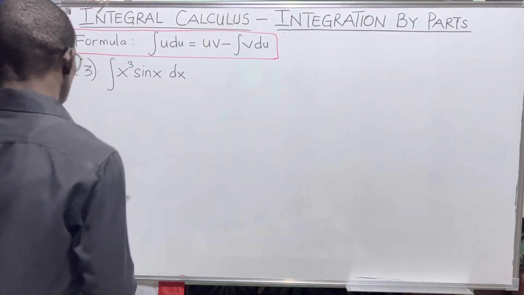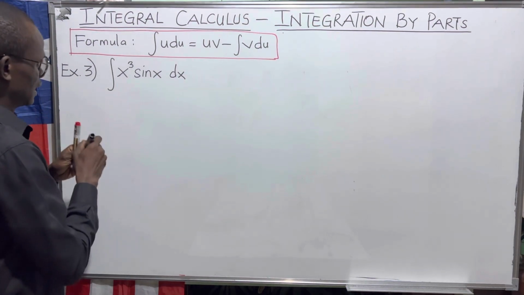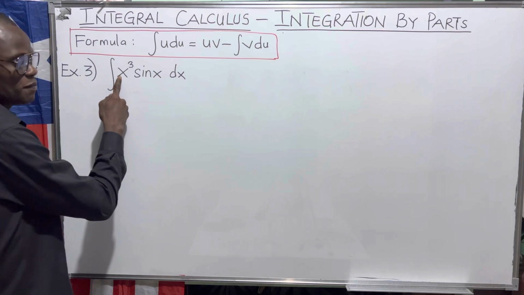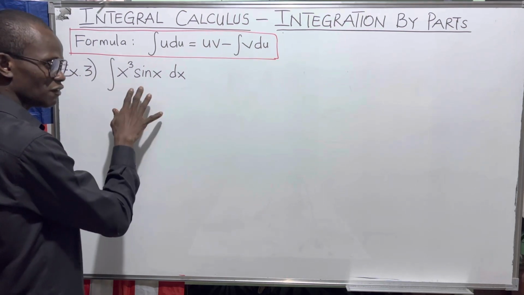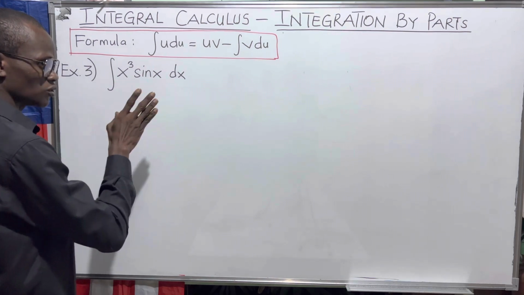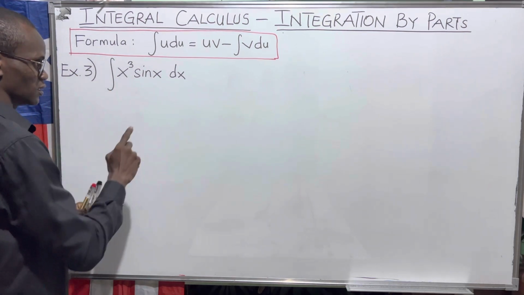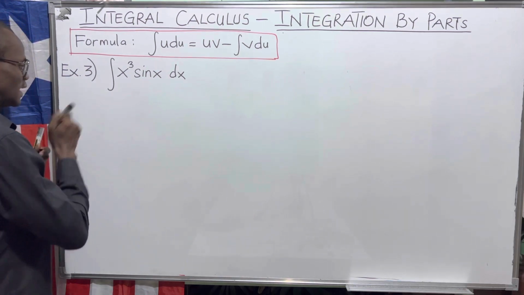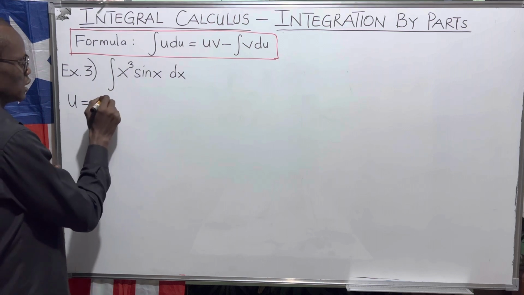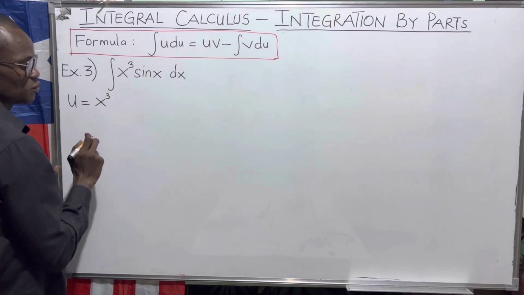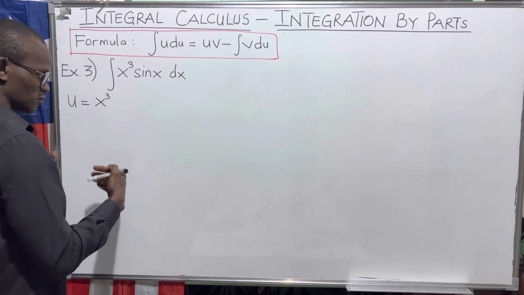For this third form, whenever an algebraic function is paired with a trigonometric function, be it sine of x, cos of x, or whatsoever trig function, you must allow your u to be equal to the algebraic function x cubed, because as you're differentiating, it is reducing.